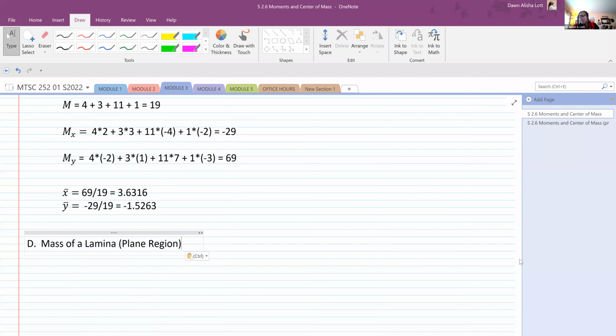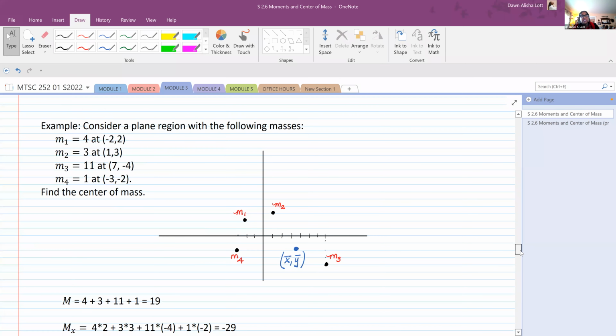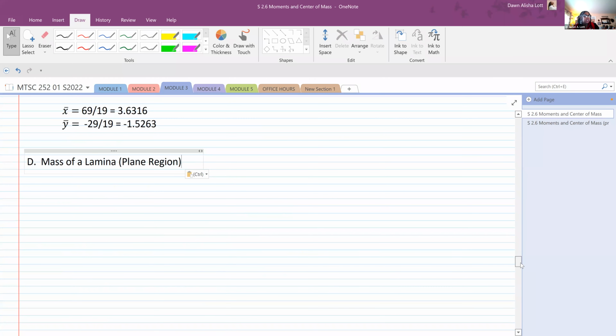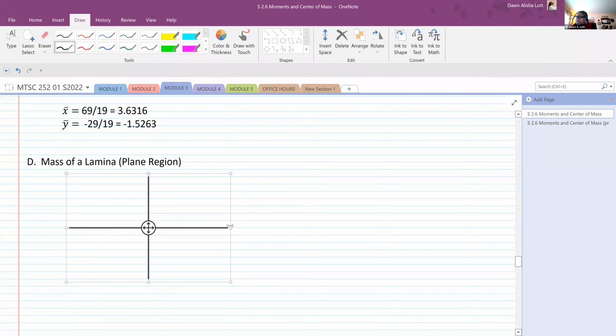So now we don't have something like this, where we just have point masses. Okay, so these are point masses. Now I want to look at something a little bit different. Let's just suppose I have a mass now.